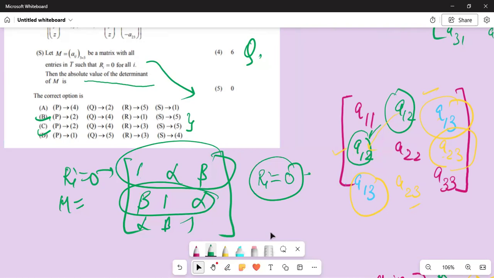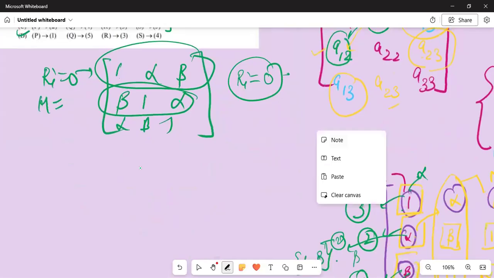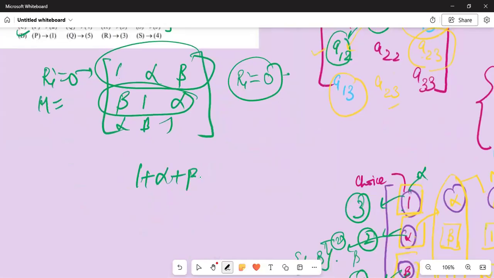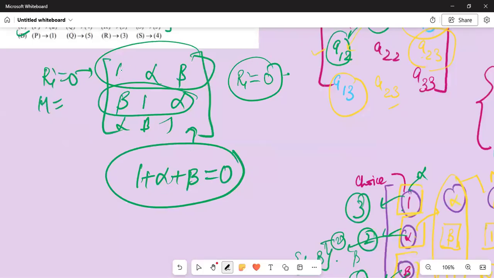But if something is given to us, then that has to be used because that will make our solution very easy. So you have that Ri equals 0 for all i. So we have to use this. But how? Ri equals 0 for all i is nothing but 1 plus alpha plus beta equals 0. So how is this going to help us?